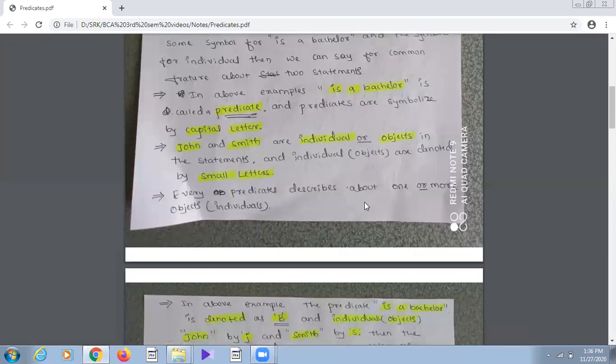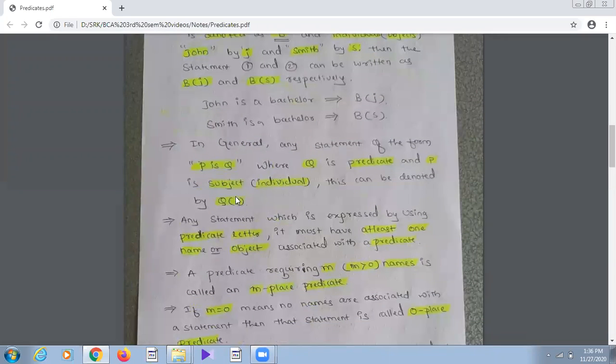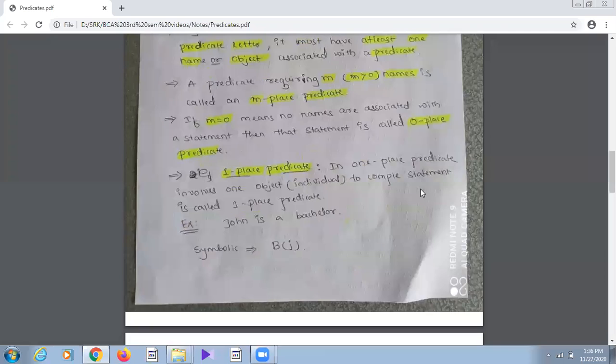If a statement has one object, that is a one place predicate, and up to n means n number of individual or object names, which is an n place predicate. The general form of a predicate is Q of P, where P is the individual and Q is the predicate.